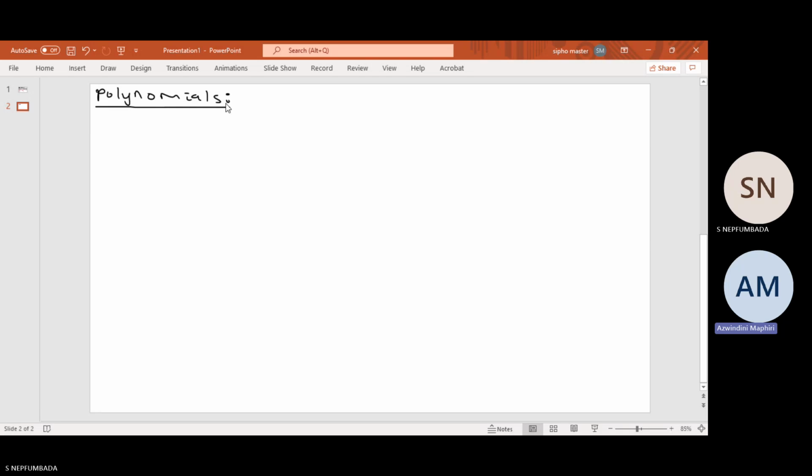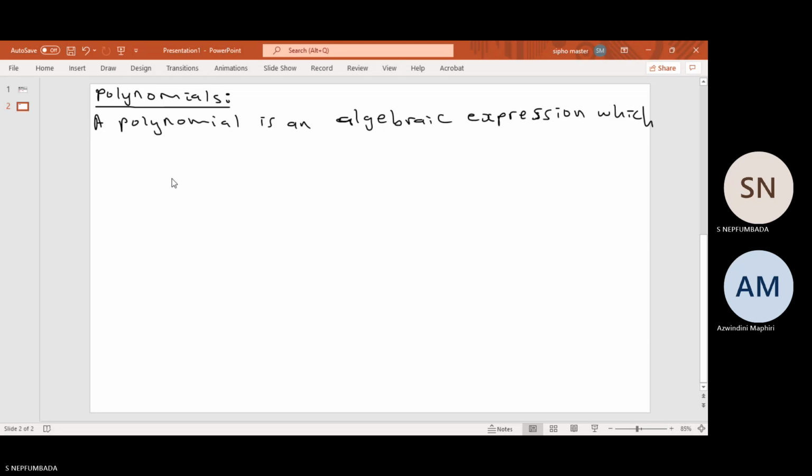A polynomial is an algebraic expression which consists of one or more terms.